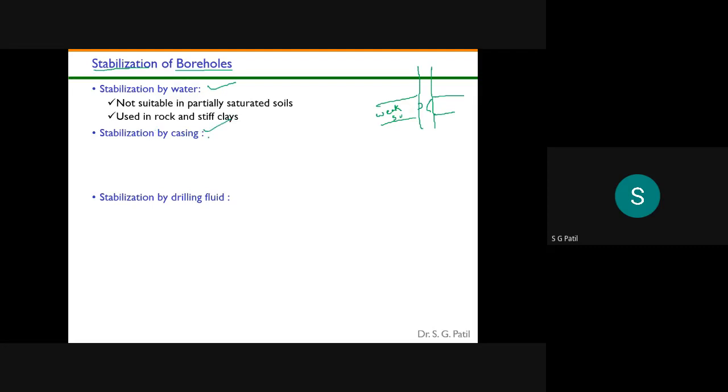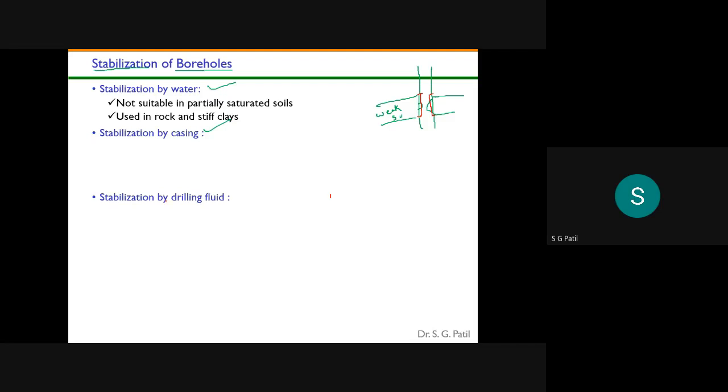You insert some casing pipe so that the collapse of the borehole will be arrested. If you have a very weak soil, you provide some casing here, some steel pipe inserted inside the ground, so that the collapse will be restricted. That is the second method.